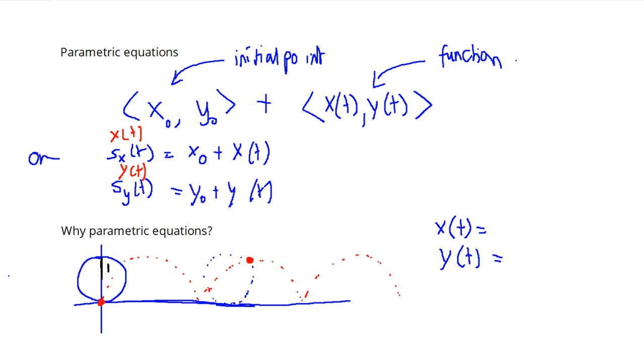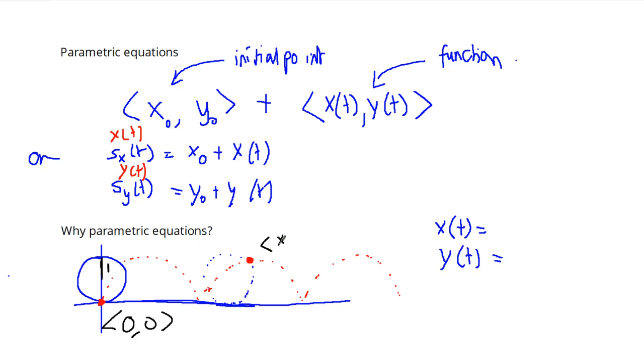So why do we have parametric equations? Well, I'm going to showcase it right now. So let's say our initial point is right here. Our initial point will be at 0 comma 0, and then this will be at x of t comma y of t.